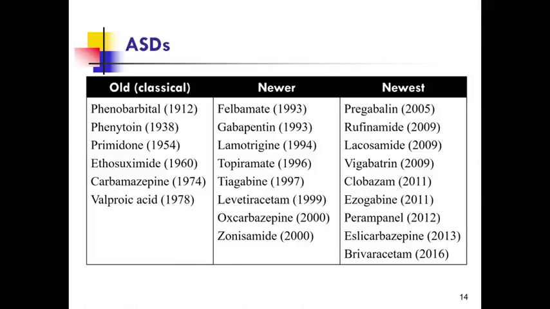So that was the beginning. So serendipity is key in CNS pharmacology. Okay. So these ones came later, felbamate, all these other agents came. And in the last 2 years, brivaracetam, a friend of levetiracetam, also in the US.